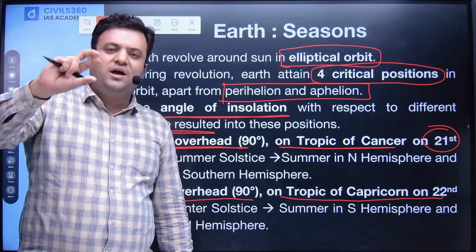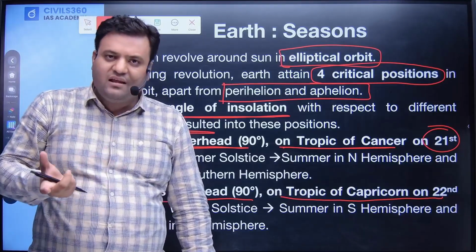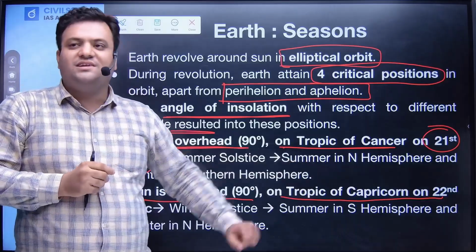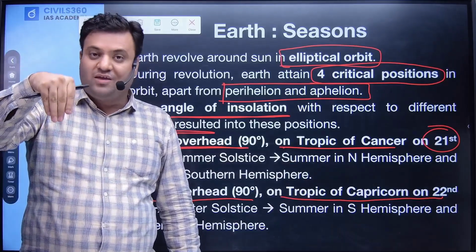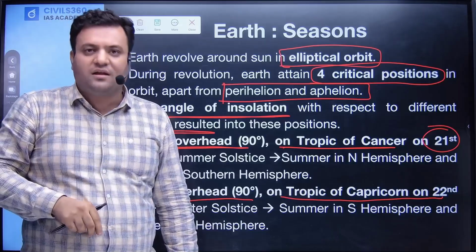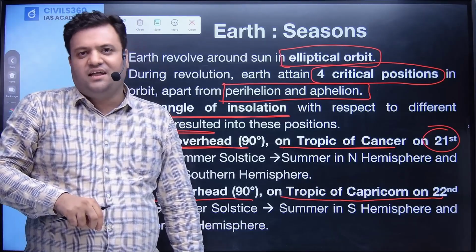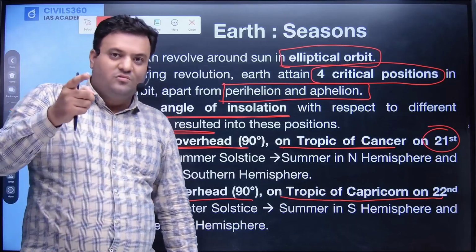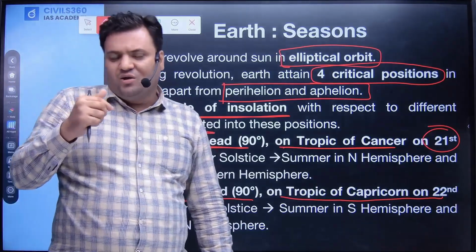So these two hemispheres have opposite characteristics. Similarly, on the 22nd of December, there will be 90-degree insolation on the Tropic of Capricorn, 23.5 south, resulting in summer in the southern hemisphere and winter in the northern hemisphere.